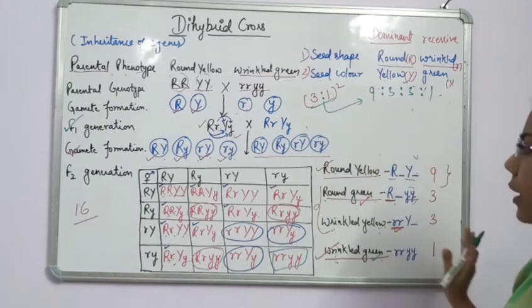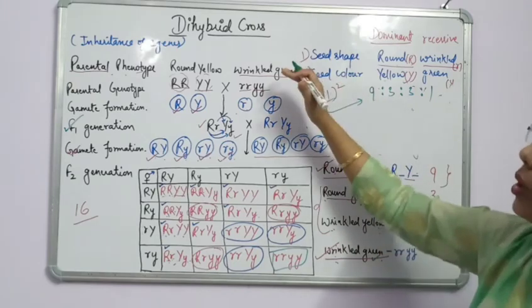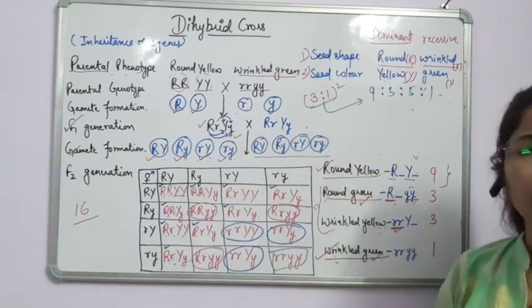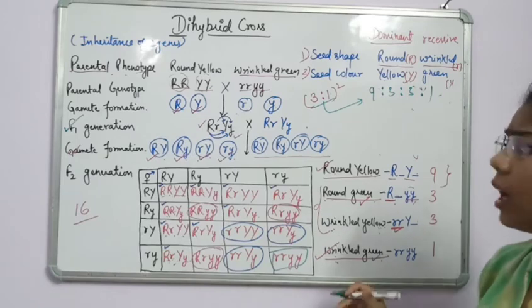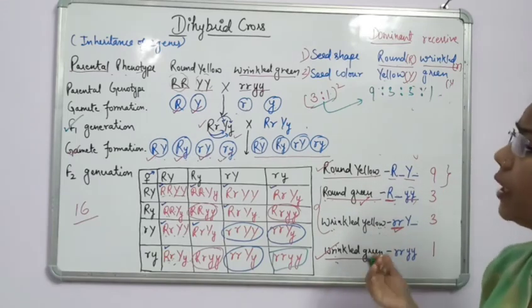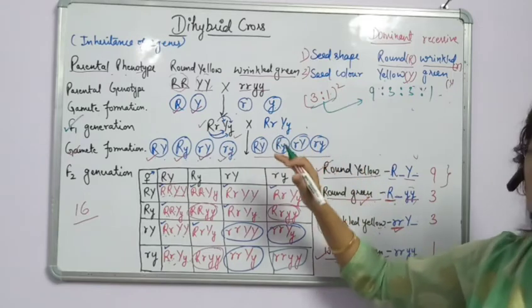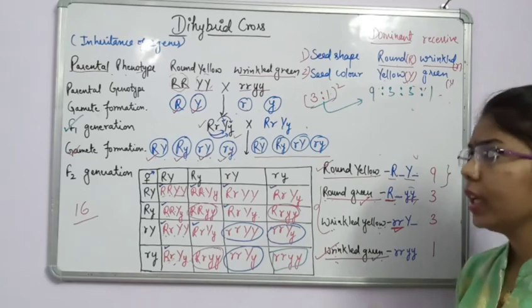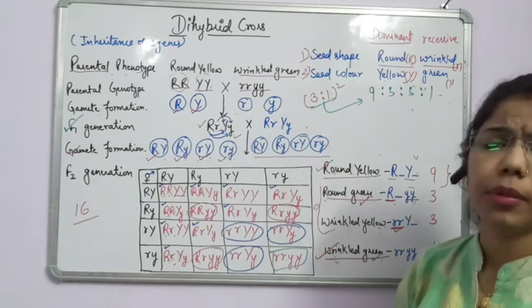Okay, so here we have done how the two characters are inherited in the dihybrid cross. Now we will study what the law of independent assortment is. There is one thing in this dihybrid cross.